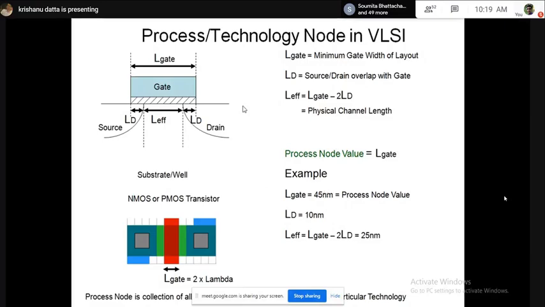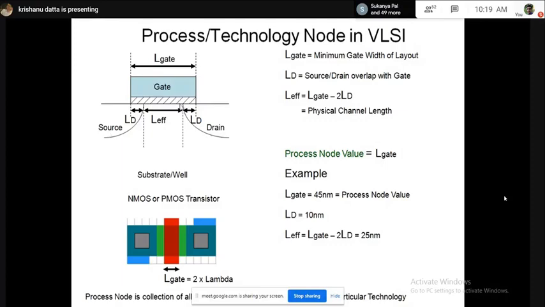When I am shrinking the transistor with technology, I am shrinking all possible dimensions: L, W, horizontal dimensions, vertical dimensions, depth, everything. L gate is the representative number for a technology because that is the minimum feature size that we can manufacture.